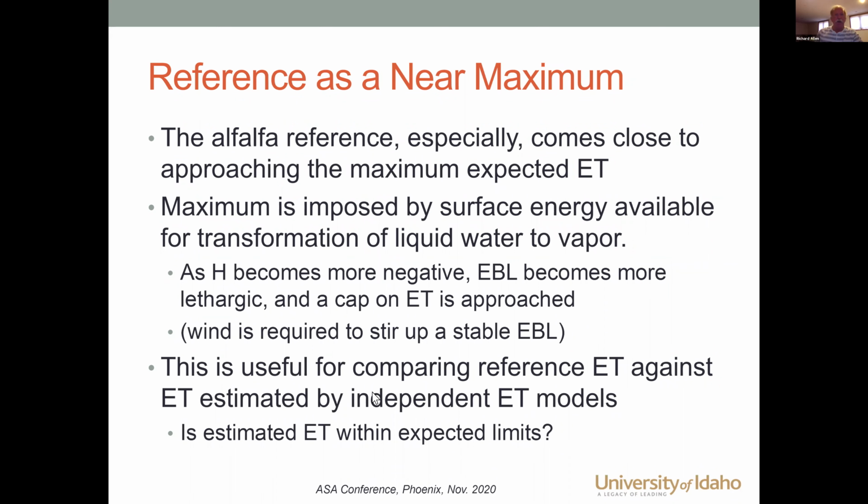So I'd like to talk a little bit about how we can use reference ET to represent a near maximum of ET. We've talked about already that transformation of liquid water to vapor requires substantial amounts of energy.